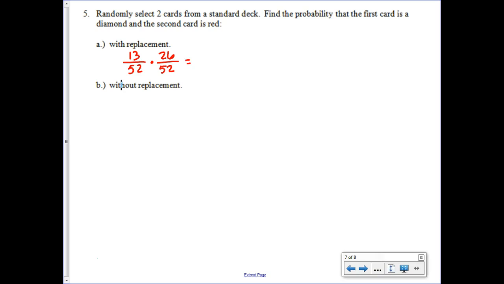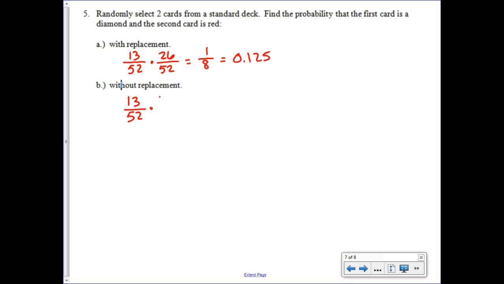So we get 1/8. That's actually equal to 0.125. Without replacement, we still have 13 out of 52 to choose from, but now we drew that diamond, and that's a red card.